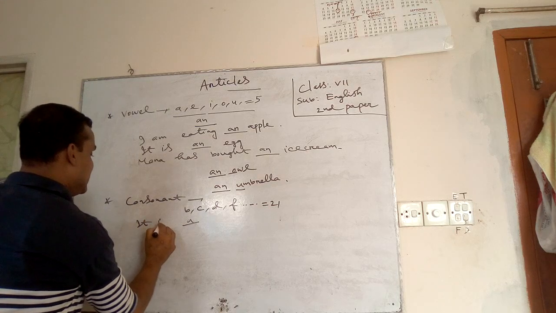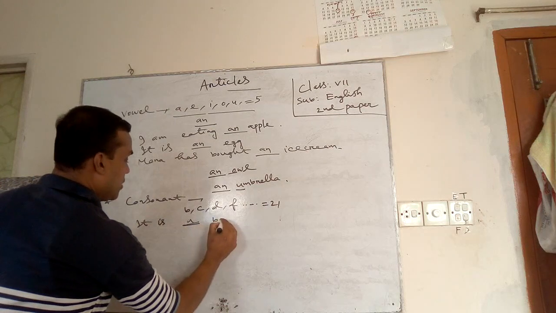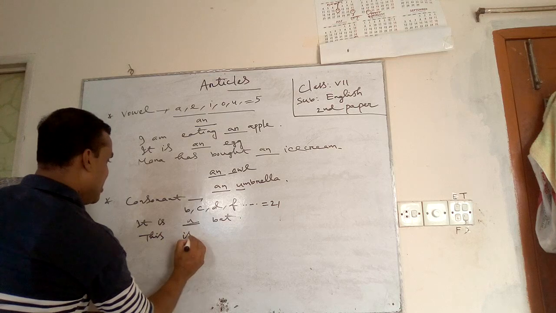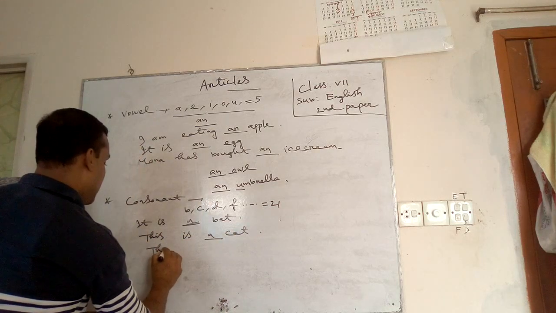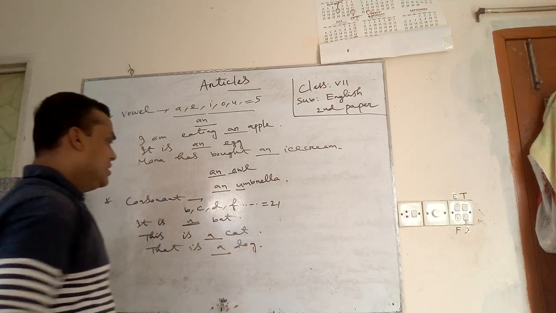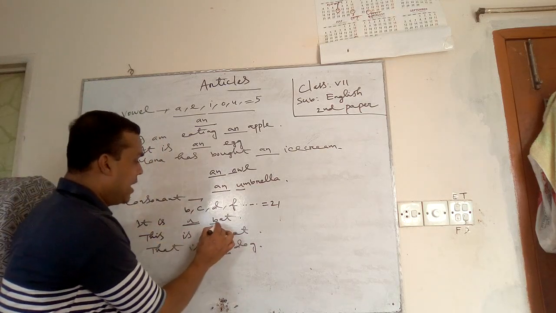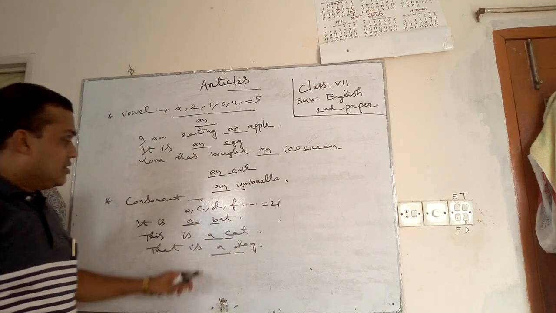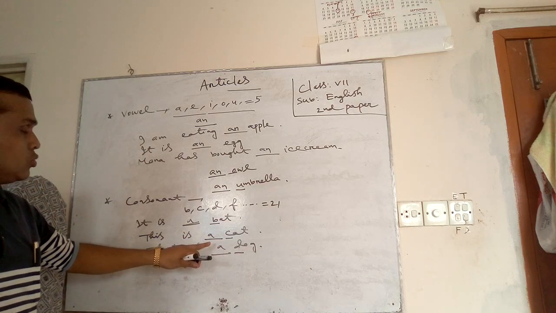It is a bat. This is a cat. That is a dog. In these sentences, the first letters B, C, D are consonants. For this reason, we should use a.